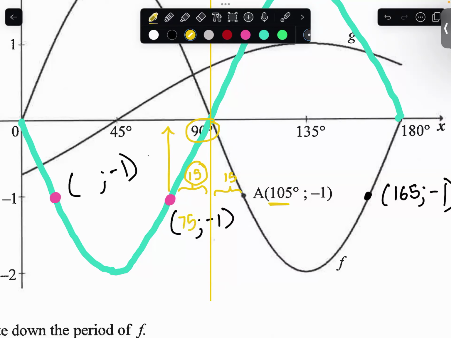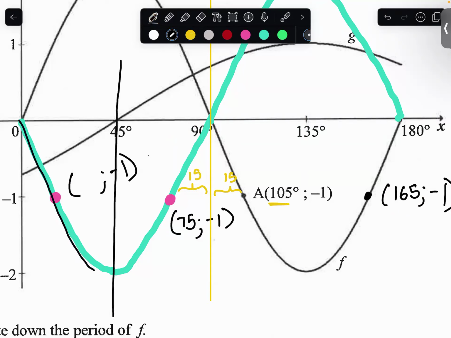That's the first one. Now, if that's 75, then the same way I found this 165 when I did the turning point's x coordinate here, I'm going to find this x coordinate, right? And this is how. So I know that this is 75, right? And so if this is the turning point of this part, I know that it's going to cut this part in half, right?